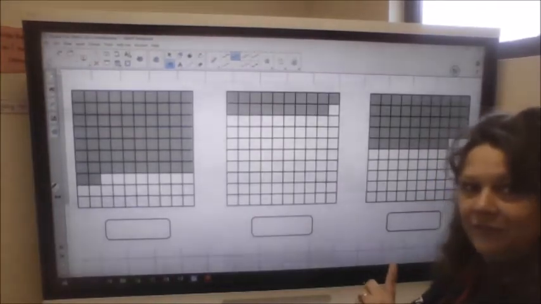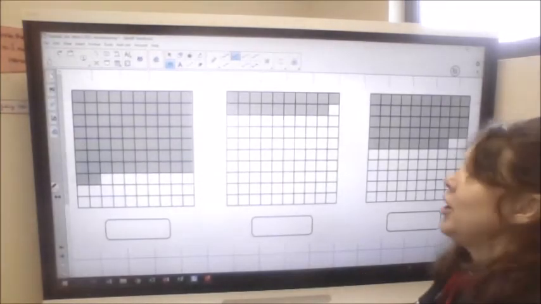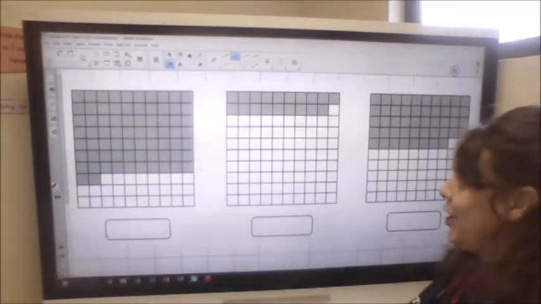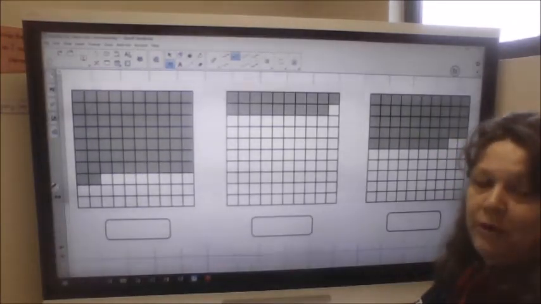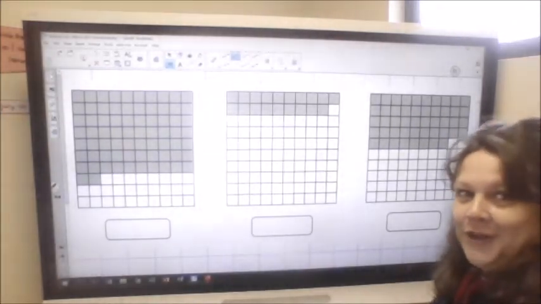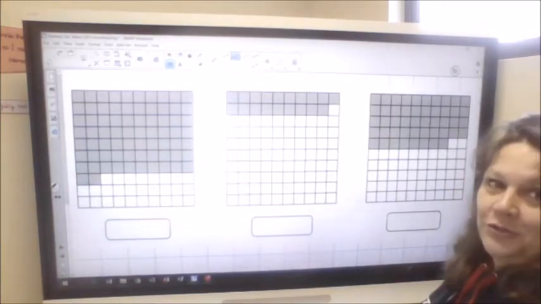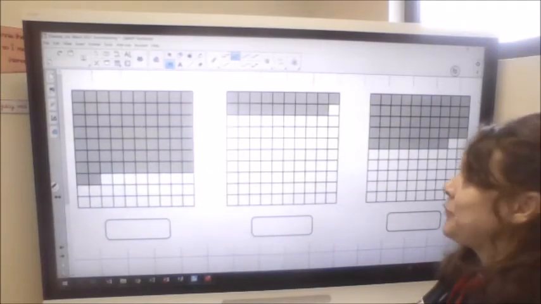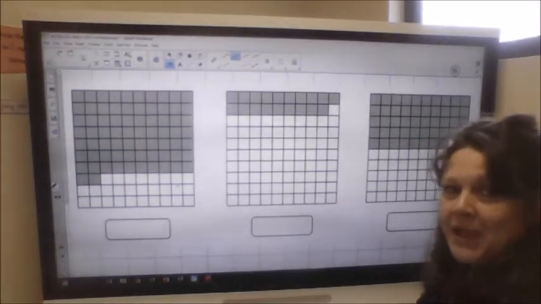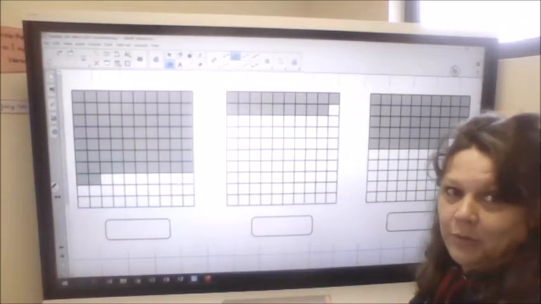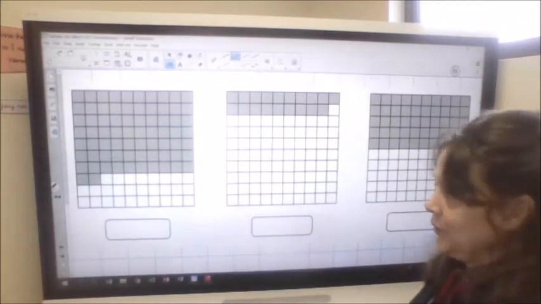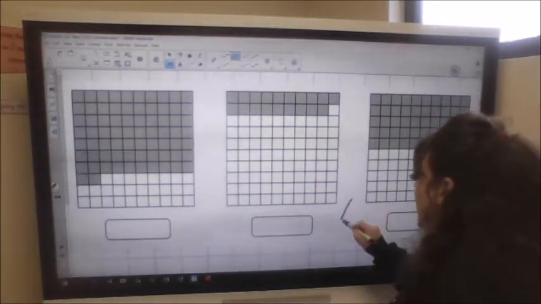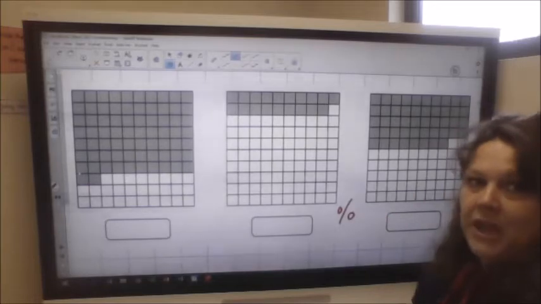So this is the first 3. You've got 100 squares on each of these little visual representations. What you've got to do is count how many parts are shaded in, and then write what percent that is. Remember that little symbol, the percentage symbol.